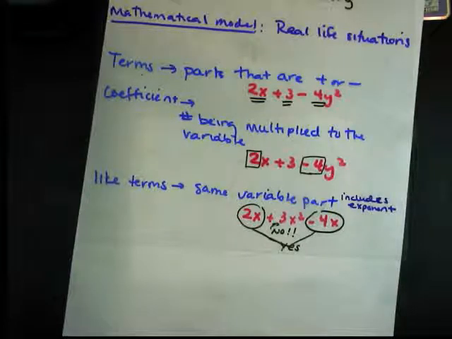It must be the exact same letter, exact same variable, and exponent in order to be able to combine them together. So only the 2x and the 4x get to be considered like terms. The rest of them, or just the 3x squared, is not. Okay?